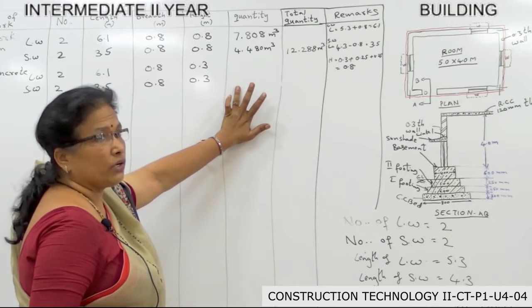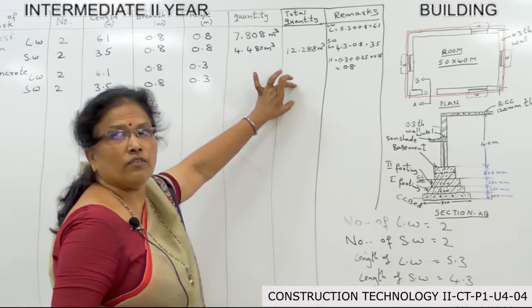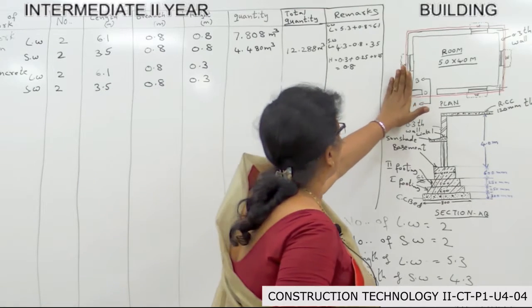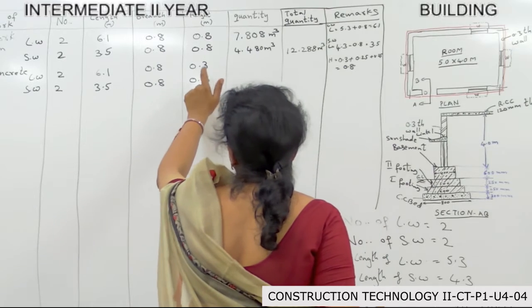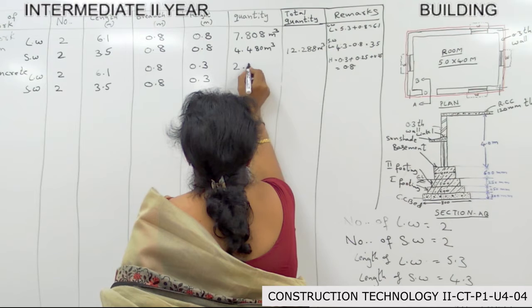Multiply all the four, number into length into breadth into height. You will get the quantity of long wall and the quantity of short wall. When you add these both, you will get the quantity of cement concrete foundation for this room.